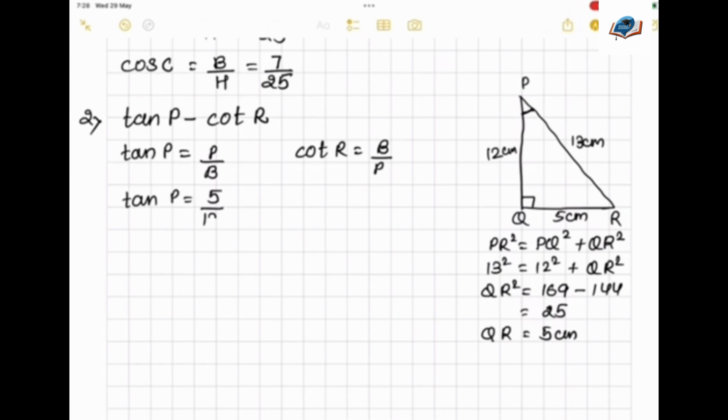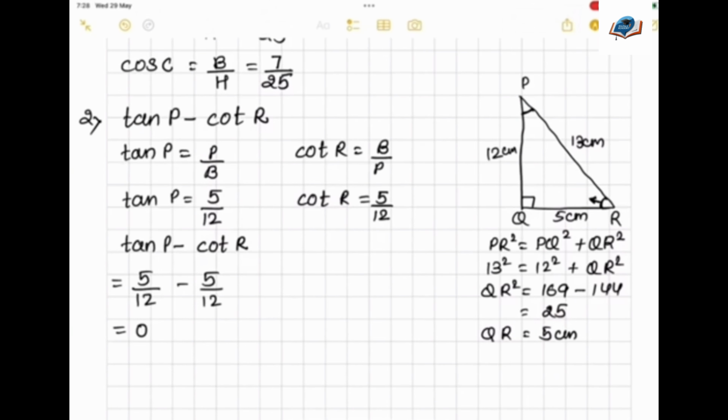And cot R, the base is 5, so it will be 5 upon 12. They have asked us tan P minus cot R. So that will be 5 upon 12 minus 5 upon 12, which is equal to 0.